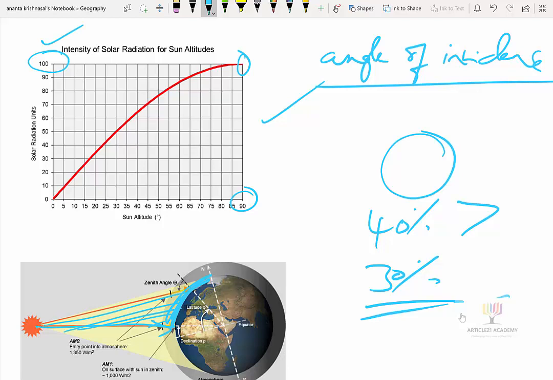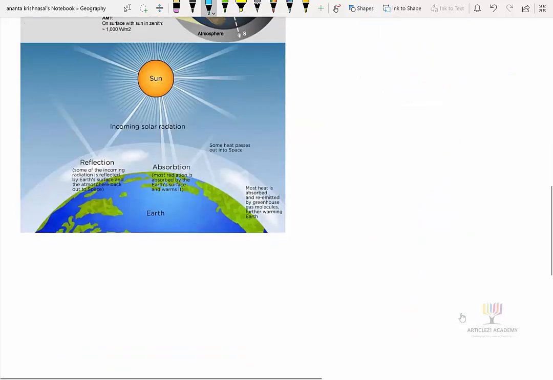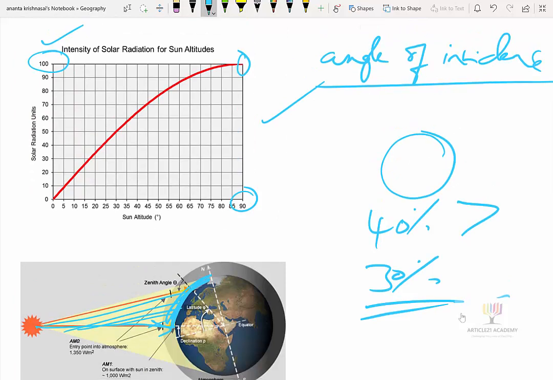I am taking into consideration only the incoming solar radiation, without looking at reflection and absorption, the concepts which are also associated with incoming solar insolation. I find that there is 100% incoming solar radiation when the Sun's altitude is at 90 degrees.